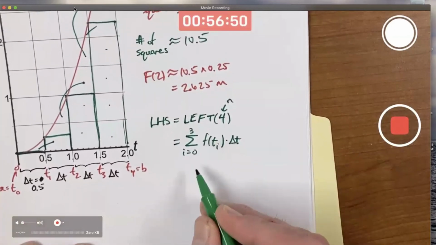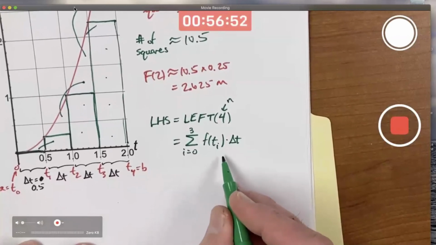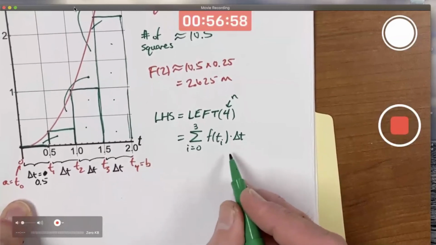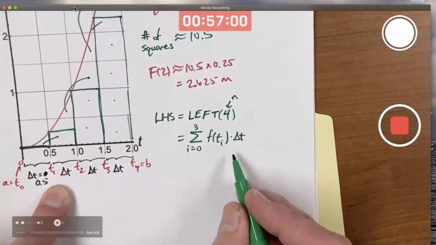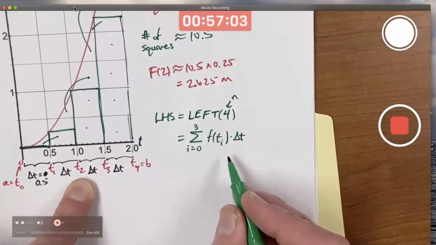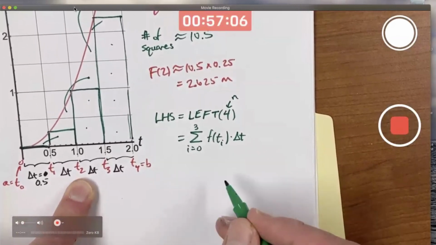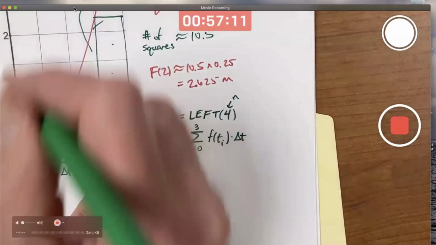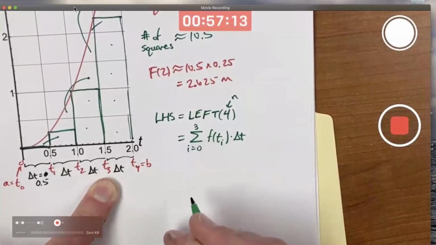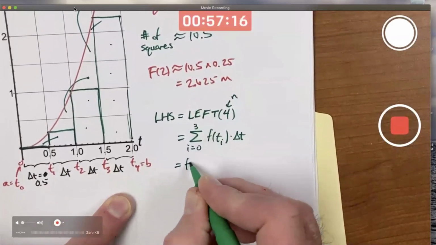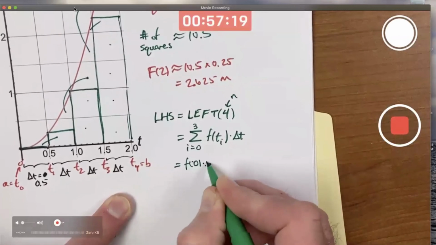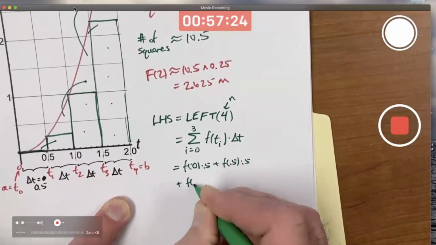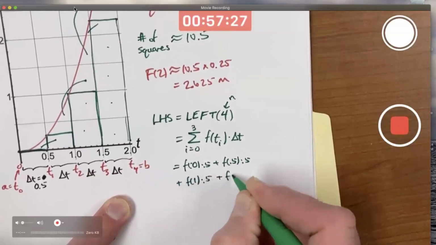That means add up f of t0 times delta t, t0 is 0, plus f of t1 times delta t, t1 is 0.5, plus f of t2 times delta t, t2 is 1, plus f of t3 times delta t. The f values are these heights. The delta t is the width of each rectangle. So for this example, this gives f of 0 times 0.5 plus f of 0.5 times 0.5 plus f of 1 times 0.5 plus f of 1.5 times 0.5.